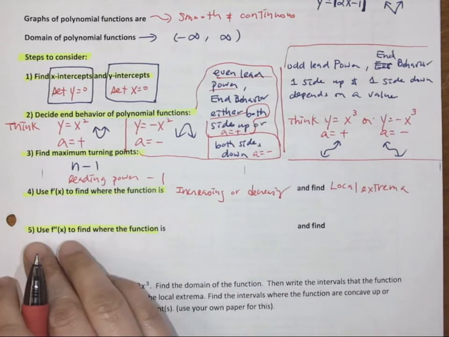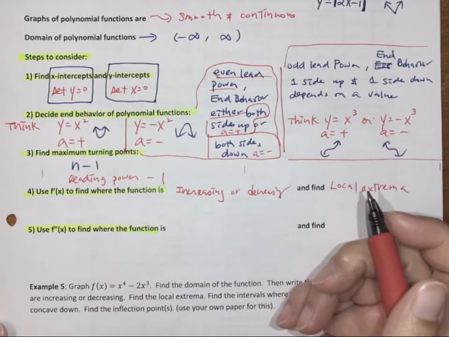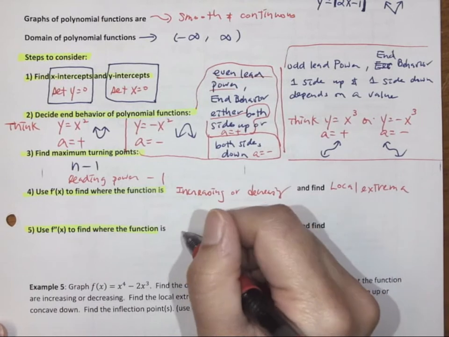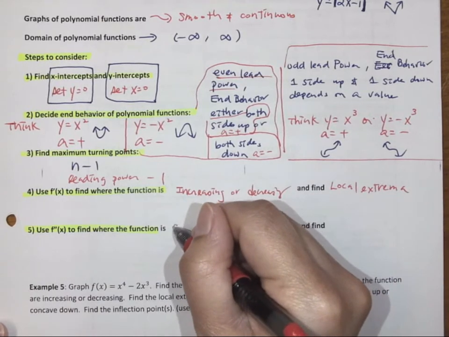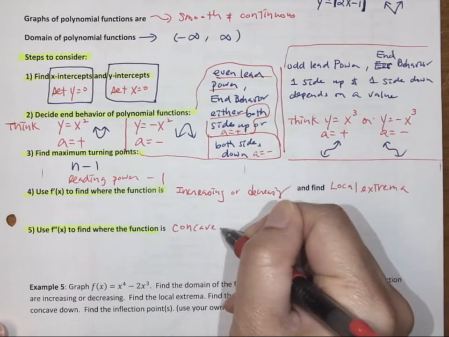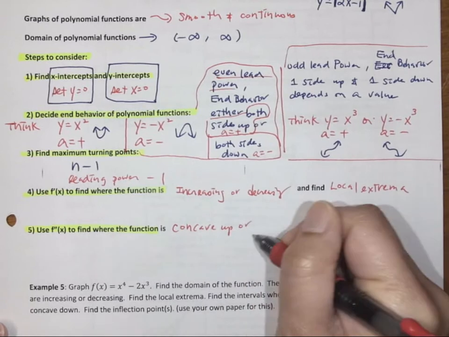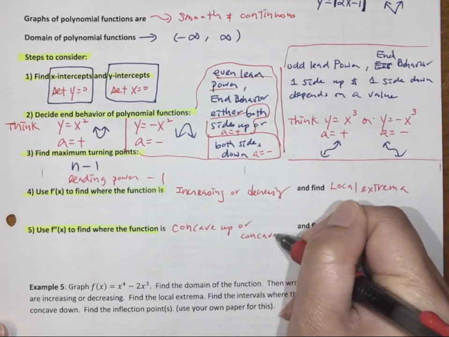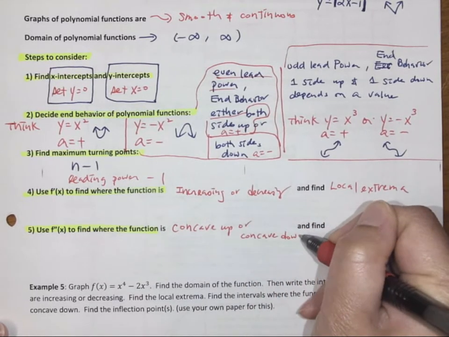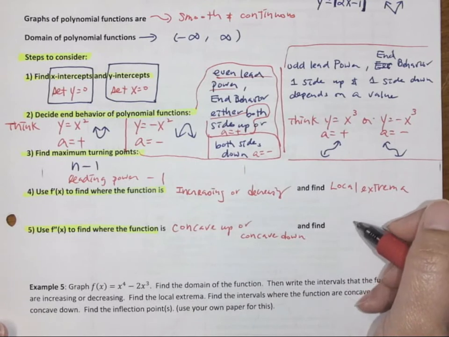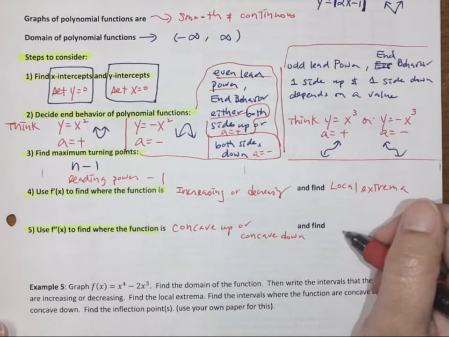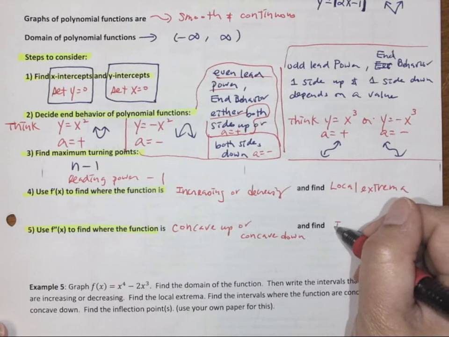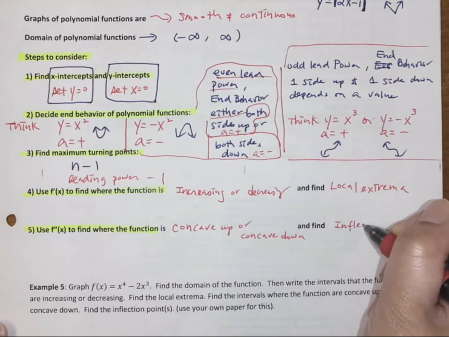And when you do the second derivative, this is about concavity, so you can figure out whether the function is concave up or concave down. And because you have concave up and down, you can find the inflection points.